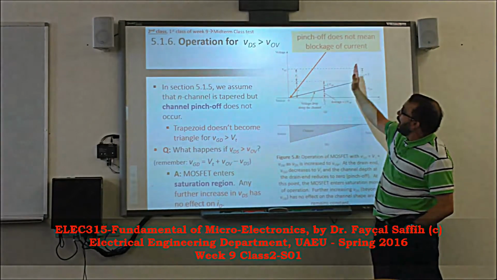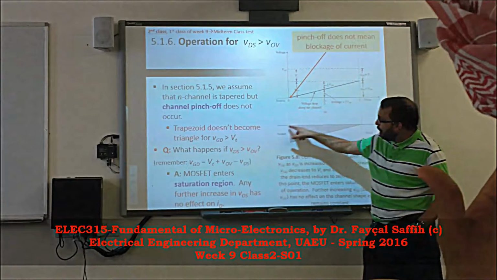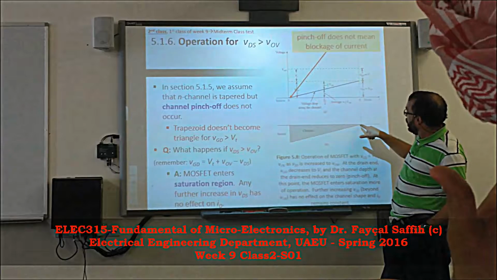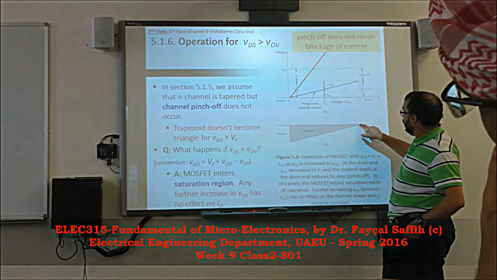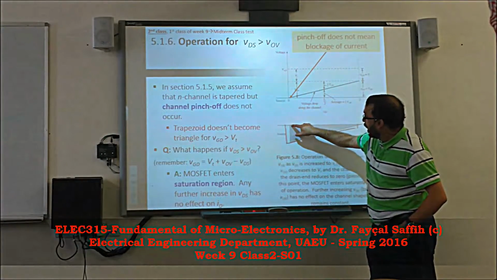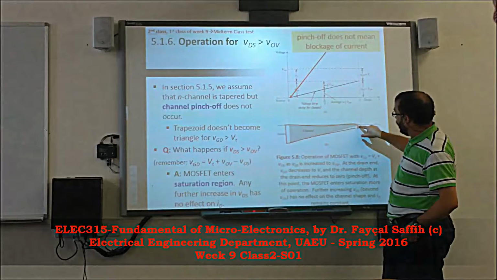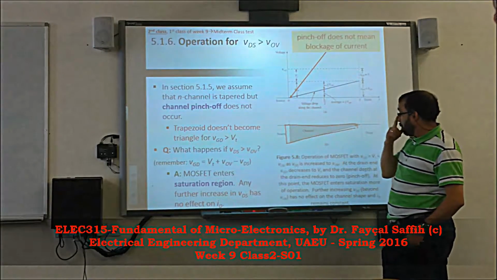So we said that before VDS is above the overdrive, we found that the shape of the channel looks trapezoidal. If I draw it, it is almost like a trapezoid, with a big base and a small base. Small base close to the drain, big base close to the source.